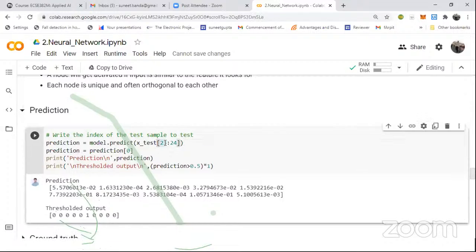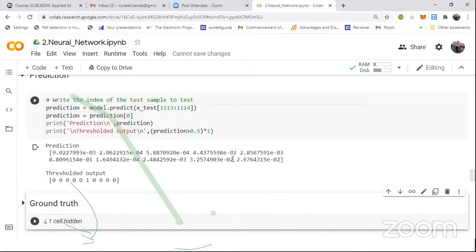So let's say here 1113 is there. Now I'm converting it to 1114. Okay, and just you check it.